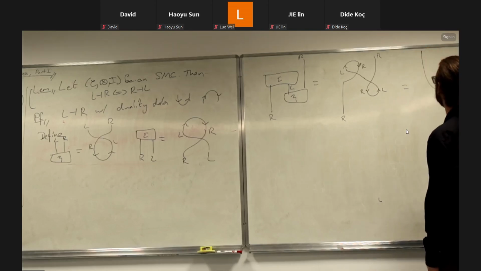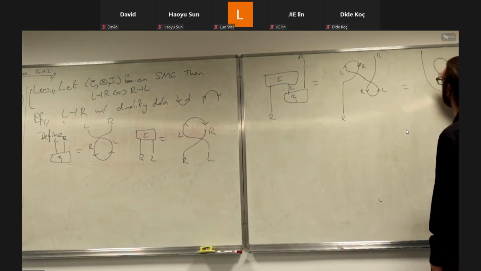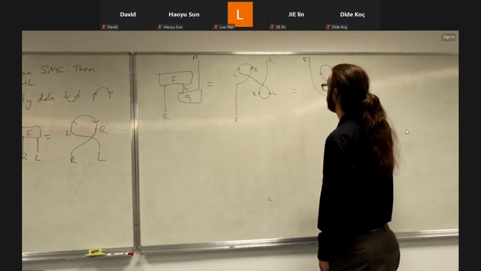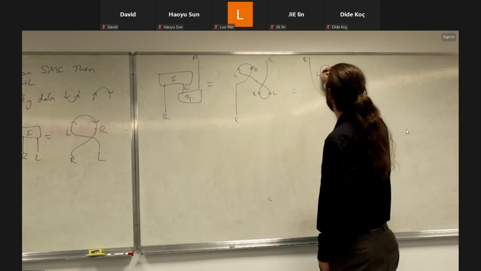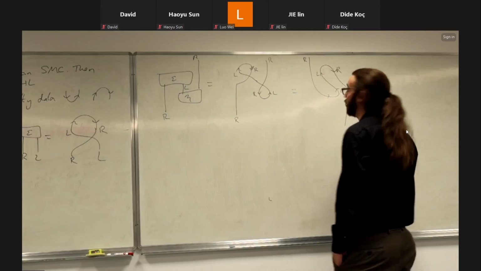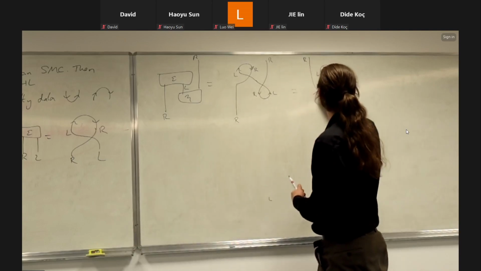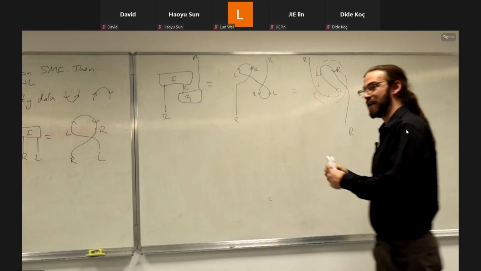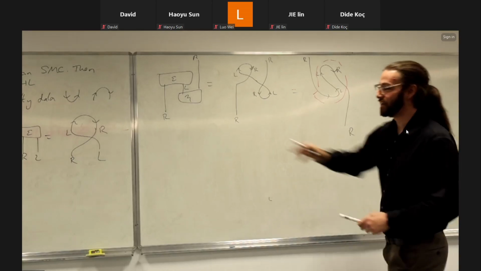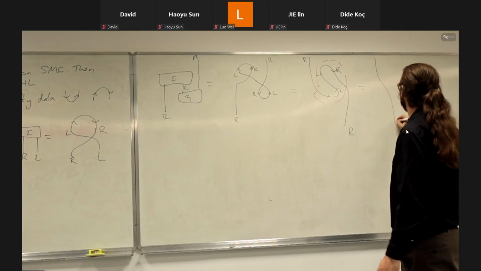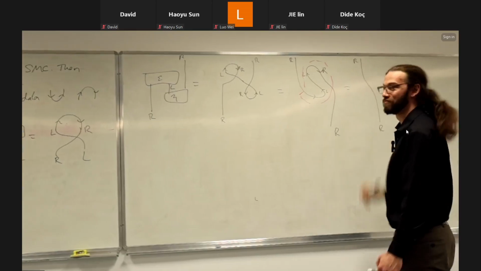So this is R, L, R. And then we apply these snake relations to this interior, and we get the identity.